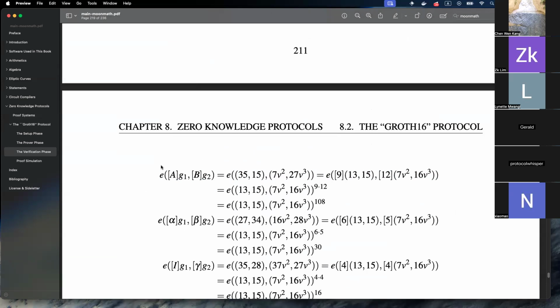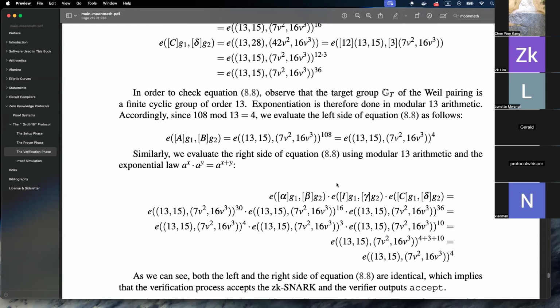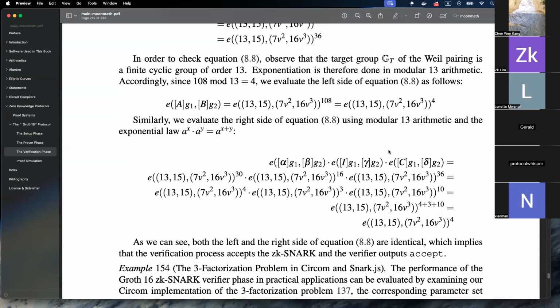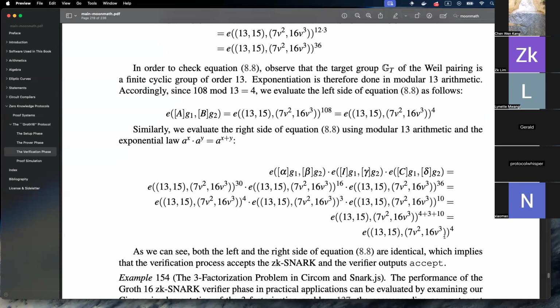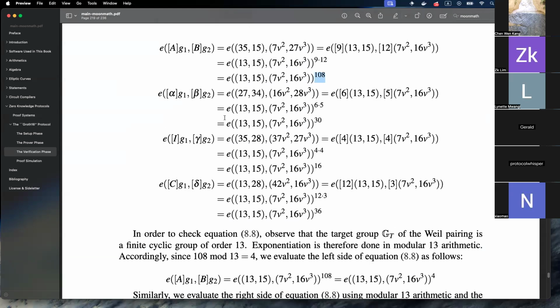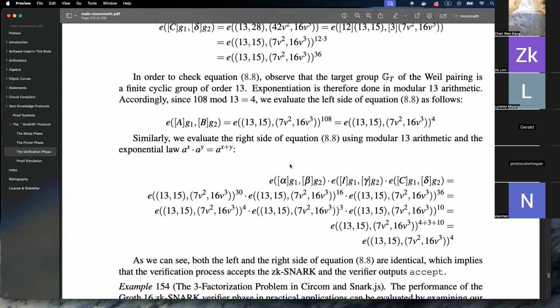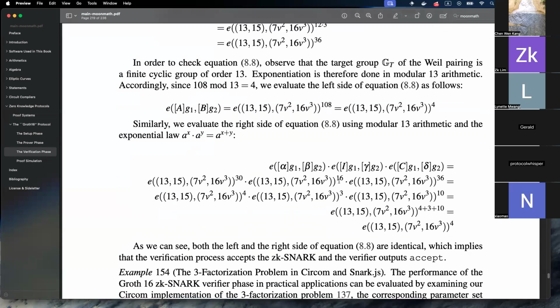Since the left side, 108 mod 13, is 4, and in this case 82 mod 13 is 4, both of them are equal, so this pairing check passes, and you can accept the proof.